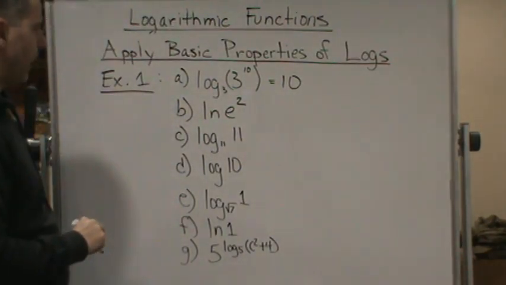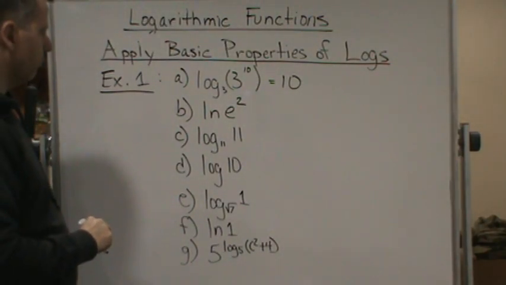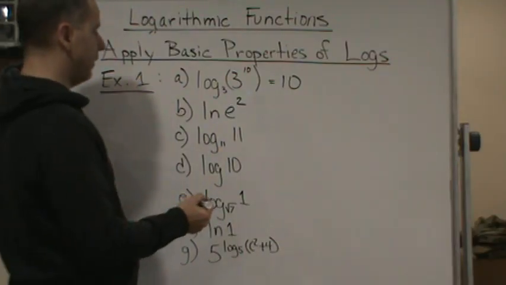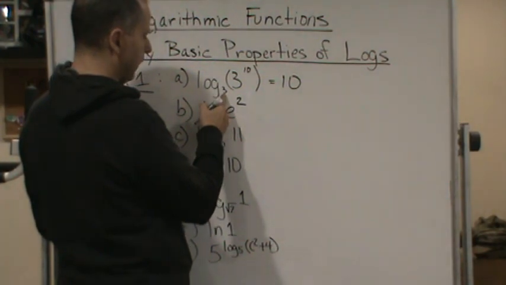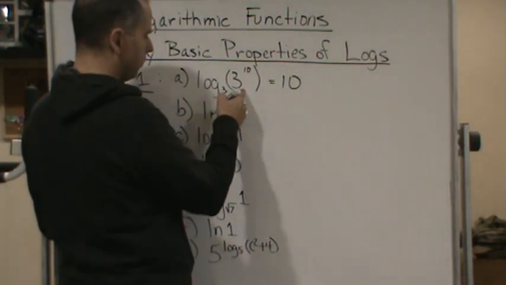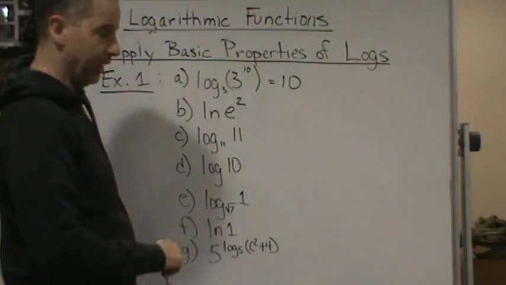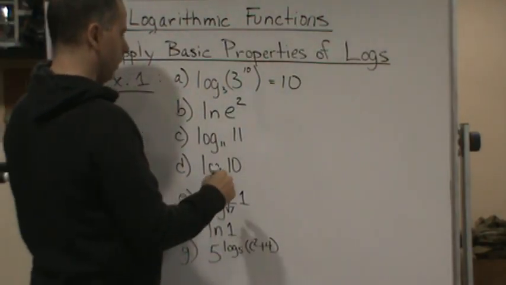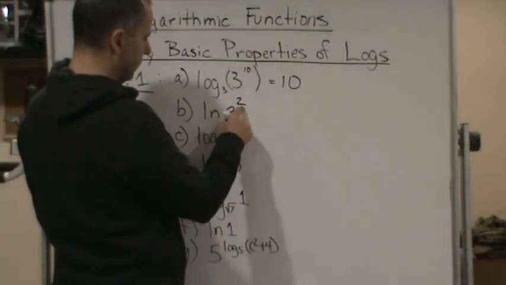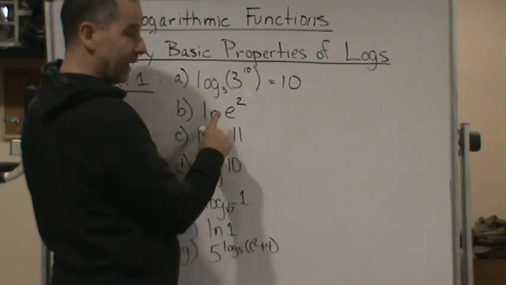Okay? Now, you can also use the definition of logs, right? 3 to what power equals 3 to the 10th, and obviously it's 10. But again, here, natural log of e squared, right? So again, natural log has a base of e.